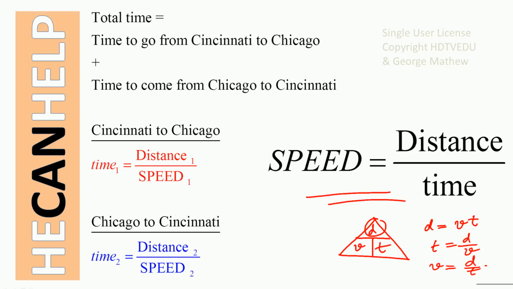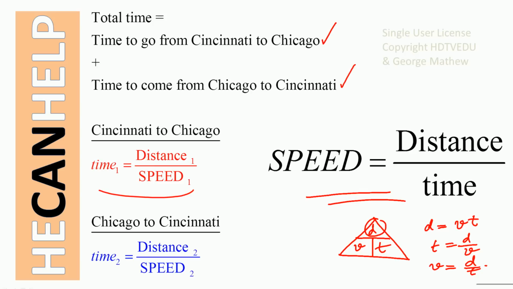So what is the total time? Time to go from Cincinnati to Chicago plus time to come from Chicago to Cincinnati. Cincinnati to Chicago, time is equal to distance divided by speed. Do we know the distance from Cincinnati to Chicago?